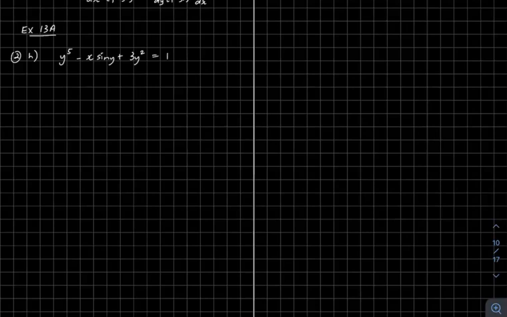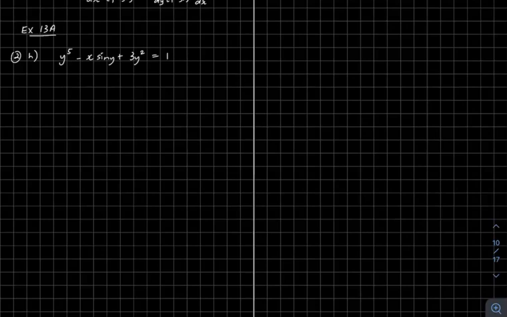Now, if you look at that, then hopefully you can see that it would not be easy to change into an explicit expression. In other words, you couldn't easily make y the subject of that equation there. So what we're going to do is differentiate implicitly.